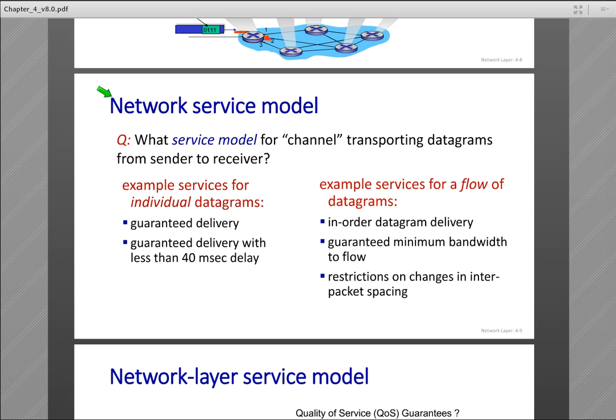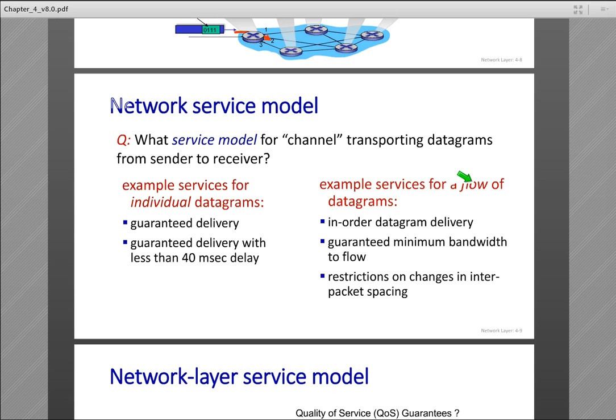But if you look for those guarantees, we can look for something else. For example, instead of talking about individual datagram packets, we can talk about a network flow, a traffic flow. A traffic flow is a combination of some packets.